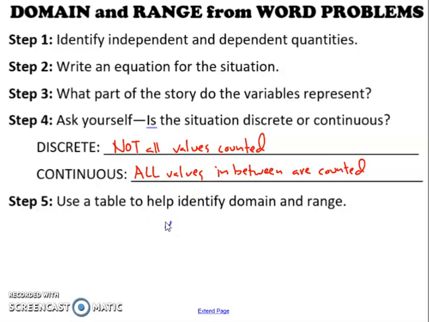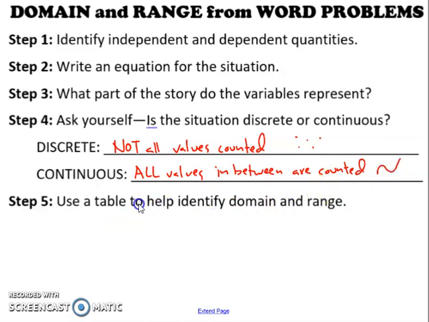So if I'm talking time, if I'm going running, I could run for an hour, I could run for 45 minutes, I could run for 30 minutes. It could be any amount of time in between. So continuous, everything counts. Discrete, only certain numbers count. On a graph, discrete is the dots. On a graph, continuous is a solid line, connecting every value in between.